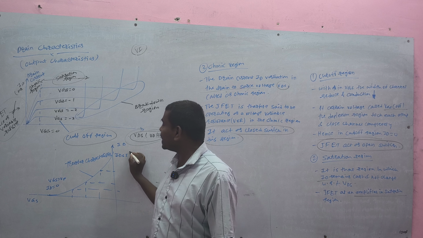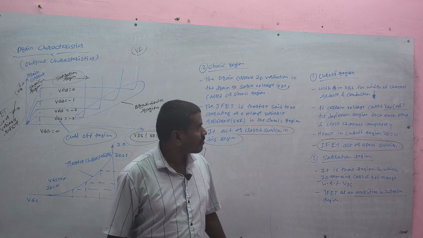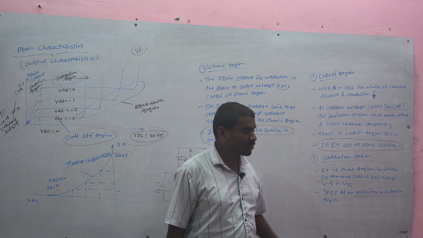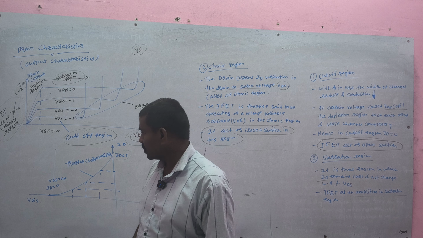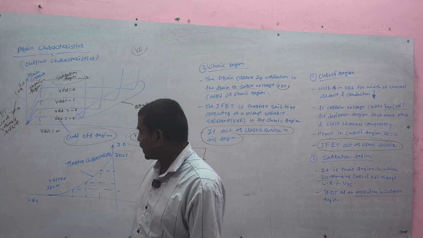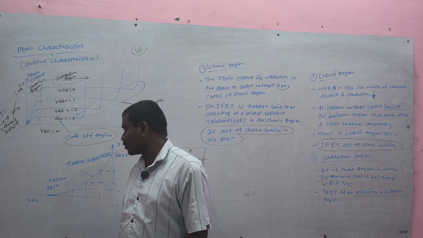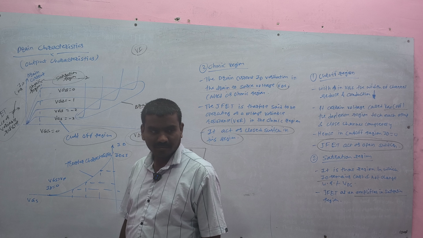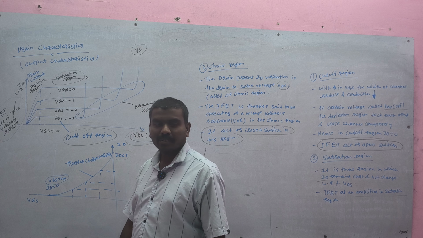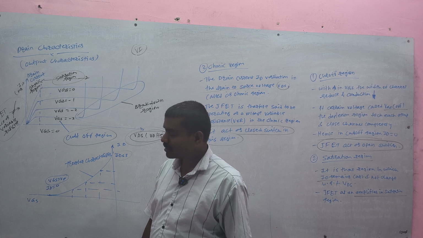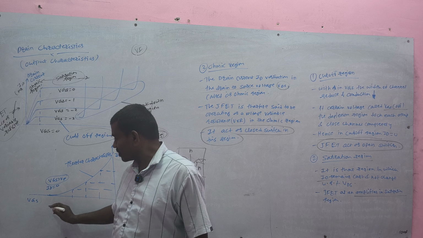And here IDSS, that is ID saturation, when the channel is closed. See here, initially when VGS is equal to VP, that is the maximum, what happens? ID is equal to 0, that is, the channel is pinched here.